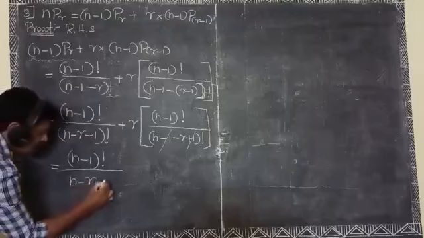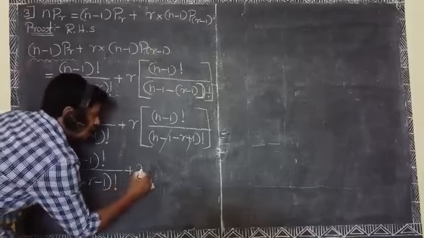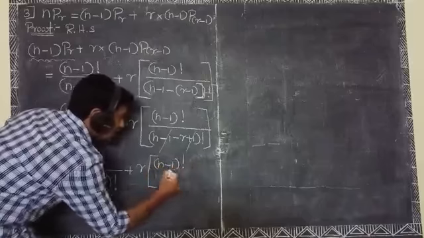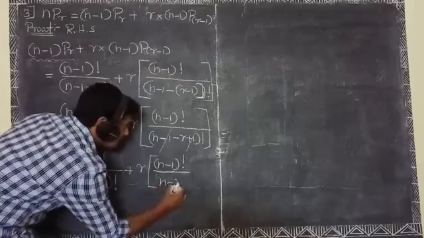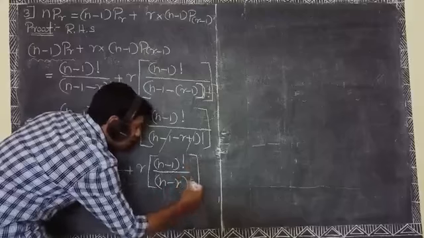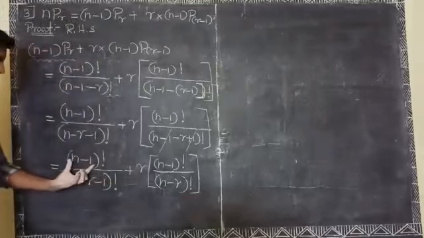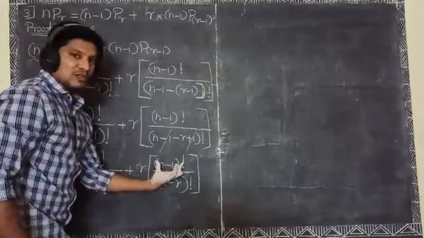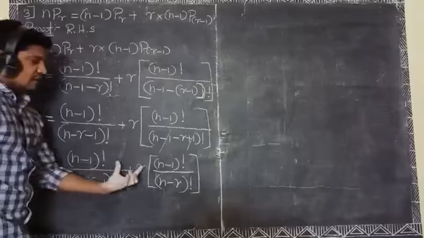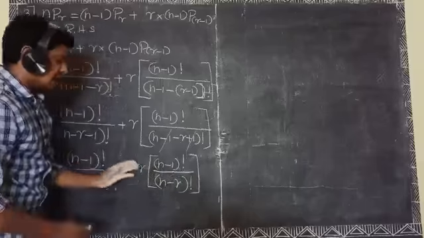Then the remaining is (n minus 1) factorial divided by (n minus r minus 1) factorial plus r into (n minus 1) factorial divided by (n minus r) factorial. Here the numerator (n minus 1) factorial is common in the two terms. Take it outside.